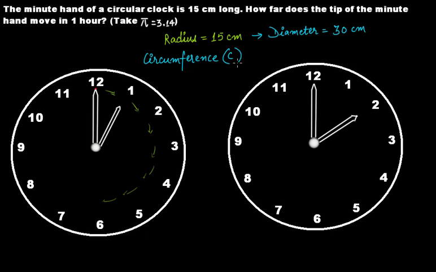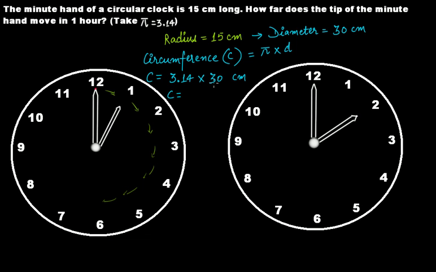Now the circumference, if we denote it by C, is equal to pi times d. Pi you have to take as 3.14, and d is 30 centimeters.